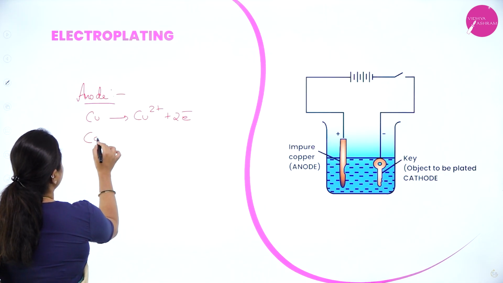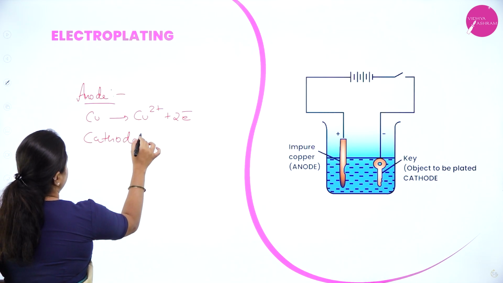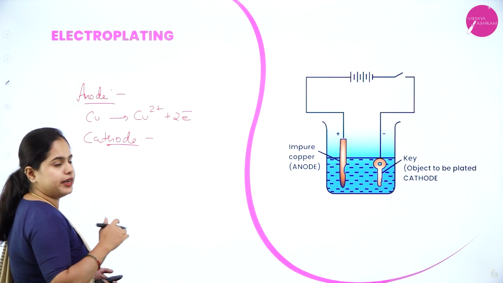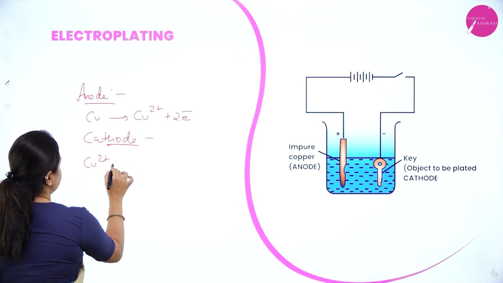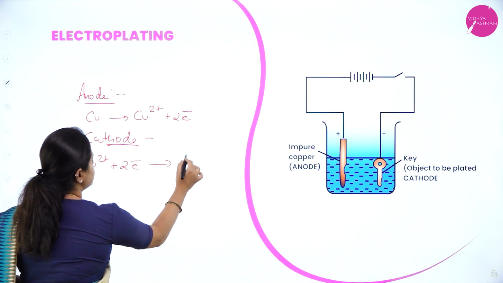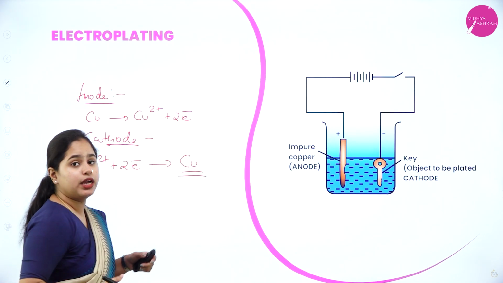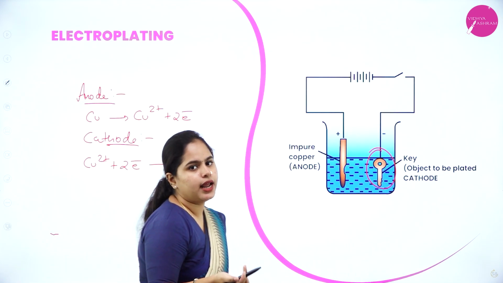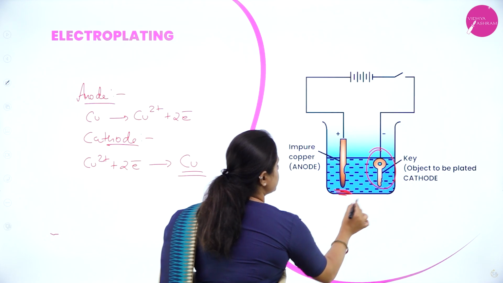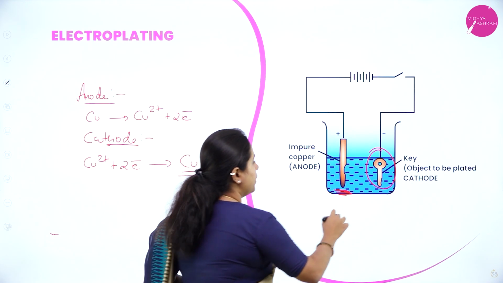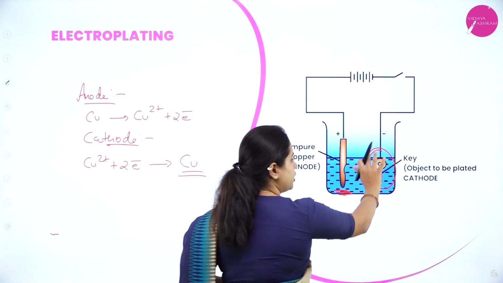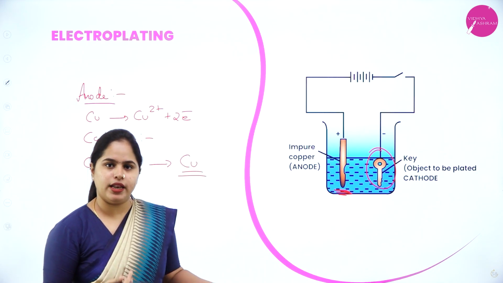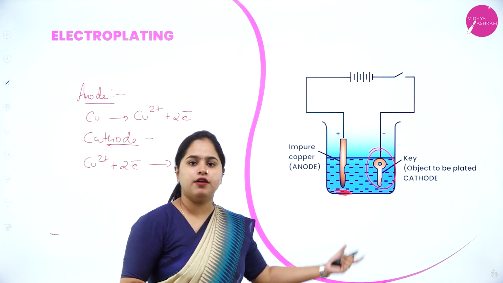Now in the cathode, what will be happening? Again the reduction will take place. So the Cu2+ ions will accept the electrons and form Cu. So you get the pure copper which will be electroplated on the key. The impurities will be deposited here, and the pure copper will be electroplated on top of the key. So this is how you electroplate it. Now in this example, I have taken a key.